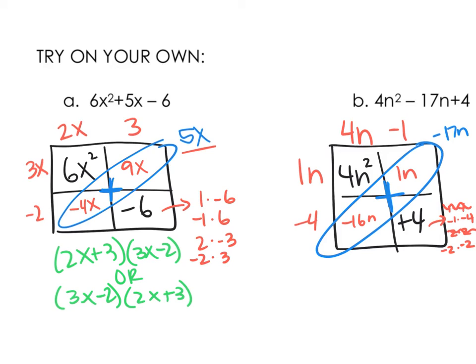We had negative times a negative, so this should be a -1n. So if I add those together, that would give me -17n. So my answer is a 4n minus 1 and an n minus 4. Or remember, you can always switch them around, but make sure that those numbers stay with the correct letters.